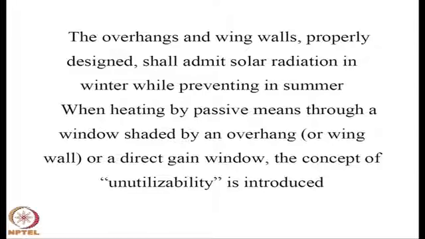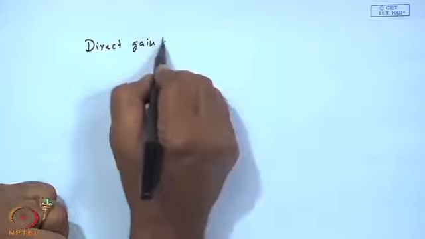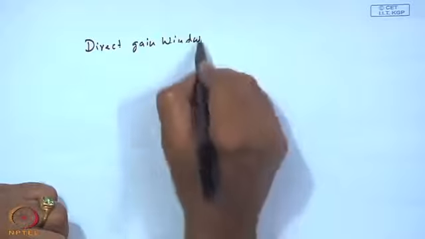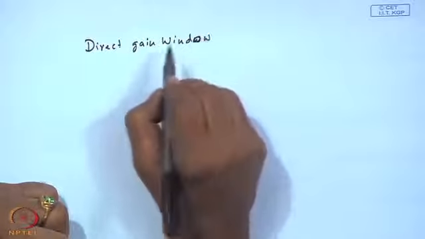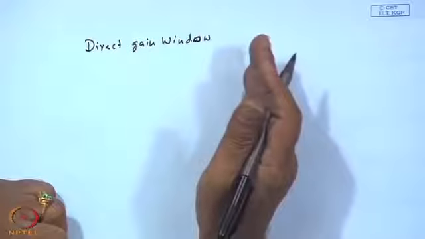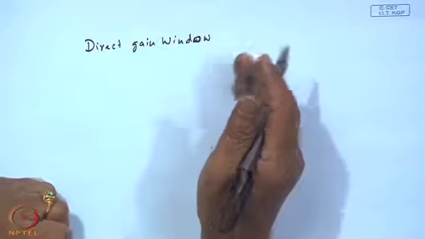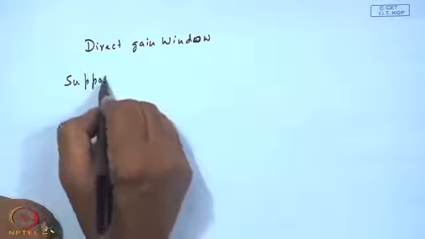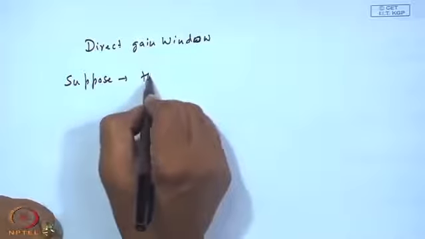So, as we said, now the direct gain window, whether there is overhang or not, there will be a certain amount of solar radiation entering. Suppose the objective is heating.